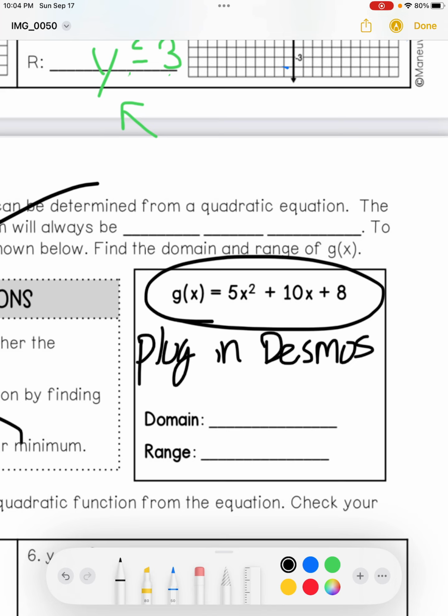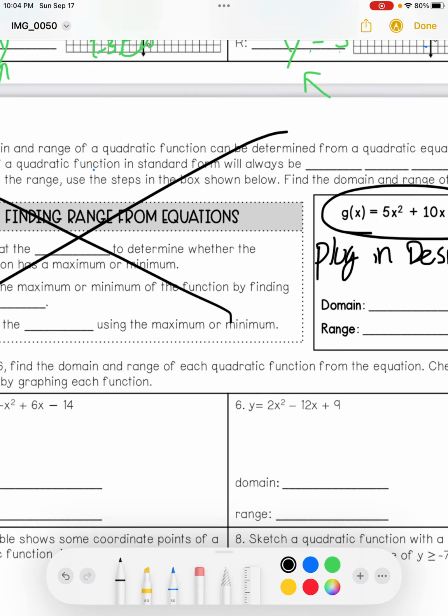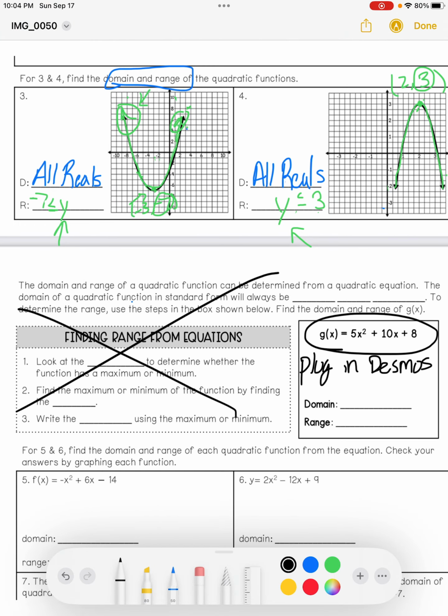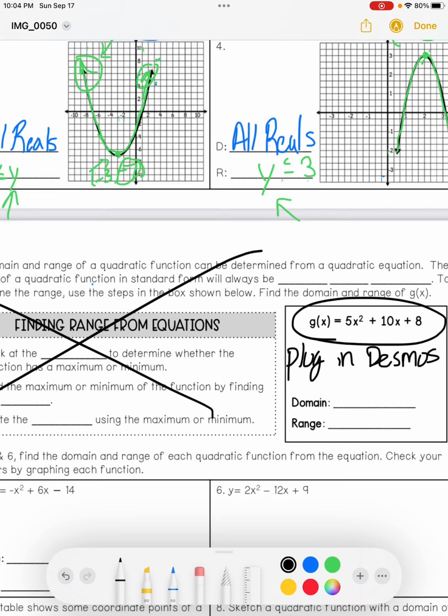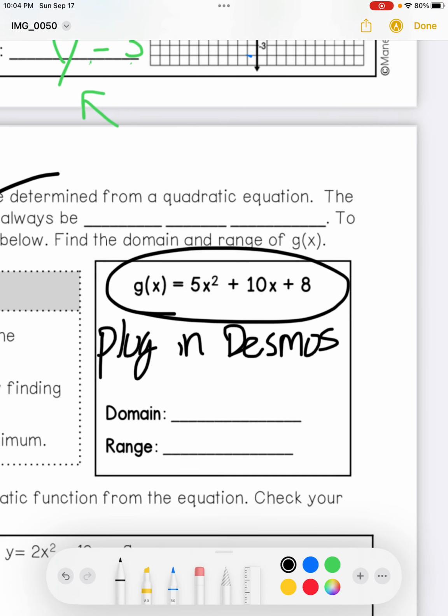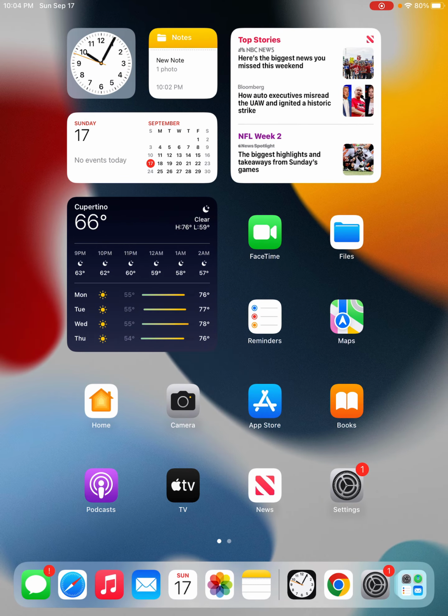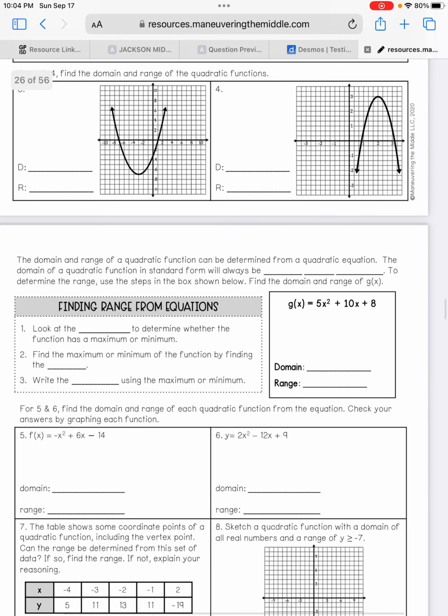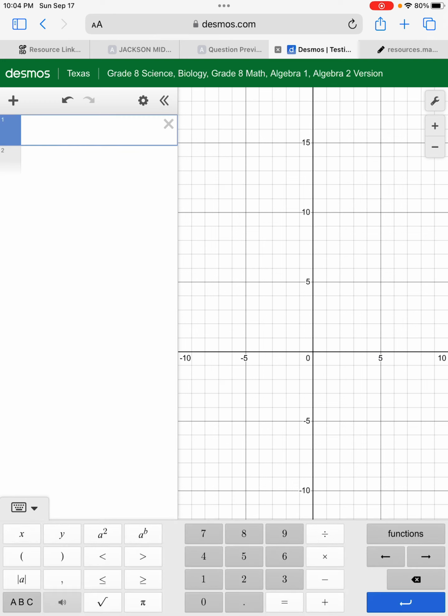That's simple. Okay? So we're going to go and plug this into Desmos and see what does it look like, and then how would we go from there to find domain and range. Okay? And then I'm going to do these two examples, and then that'll be it. All right? And you're just going to practice more domain and range. So, let's see. G of x equals, let's go to Desmos.